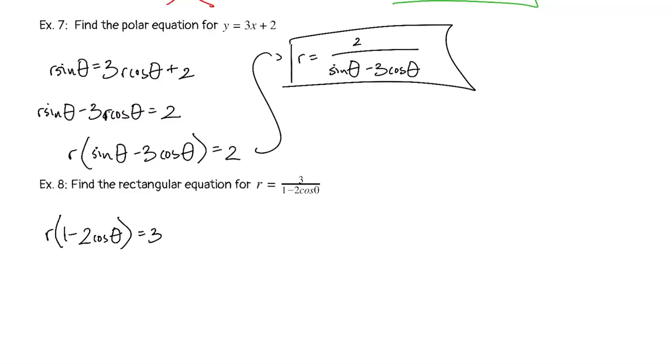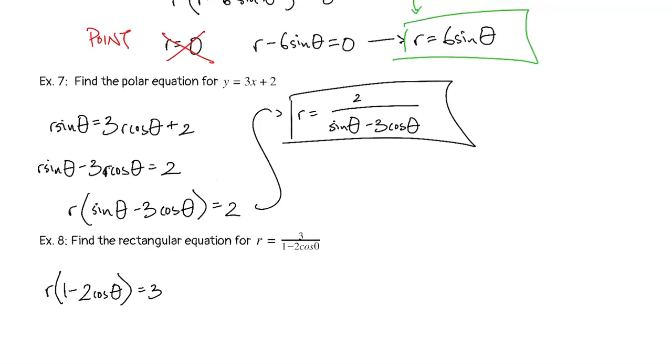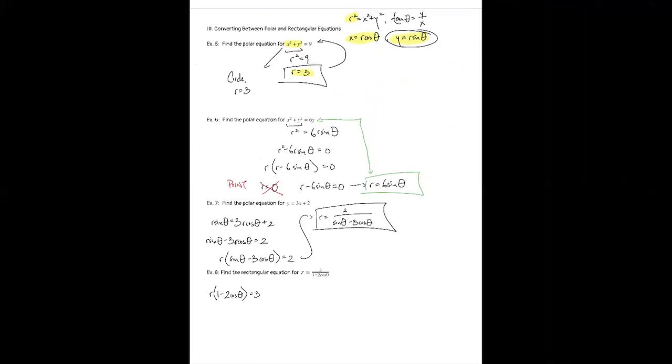Should we replace that cosine to x? X equals r cosine theta, okay, not just cosine theta.